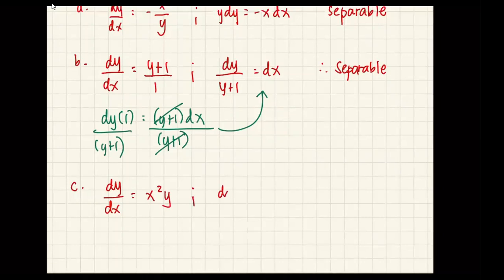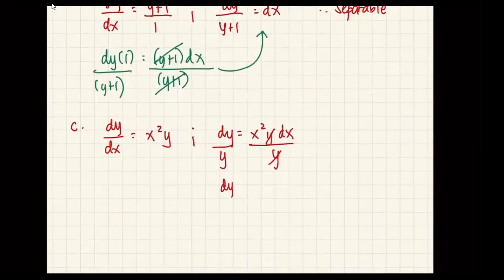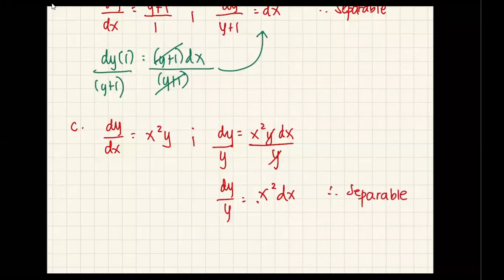So, we have dy is equals to x squared y dx. Then, kailangan mahiwalay natin si y. So, para mawala dun si y, divide natin both side by y. So, matitira is dy over y is equals to x squared dx. Okay? So, therefore, separable siya.